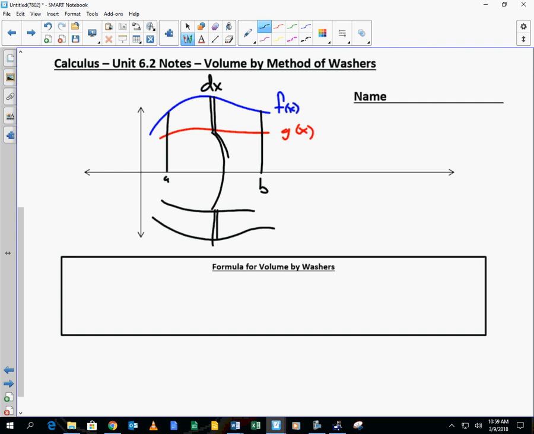We get an interesting shape that's going on. We get a washer.